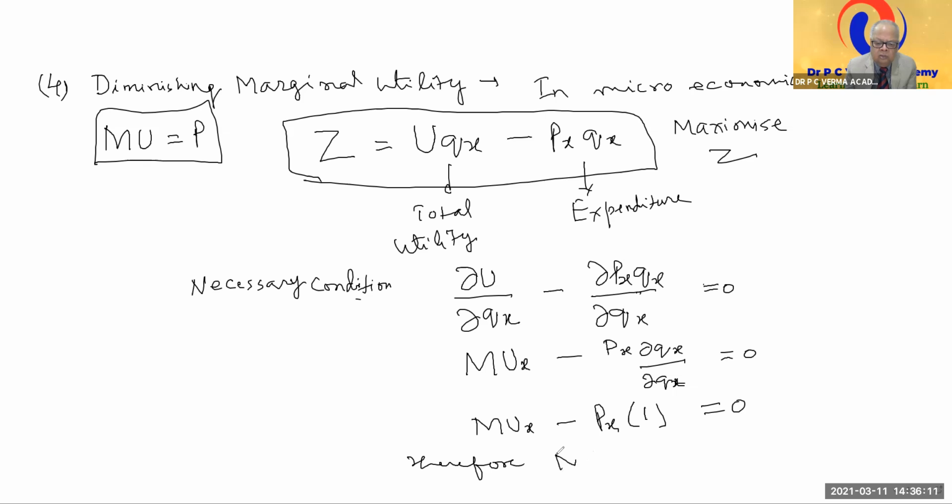Therefore, marginal utility of X is equal to price of X. So in microeconomics, in the case of a consumer, marginal utility of X is equal to price of X.